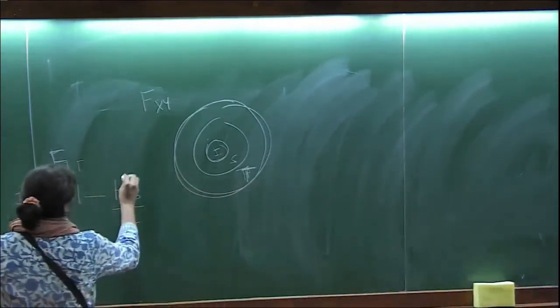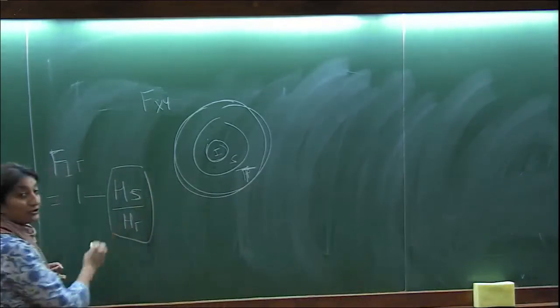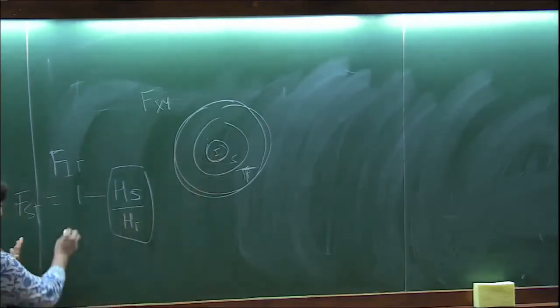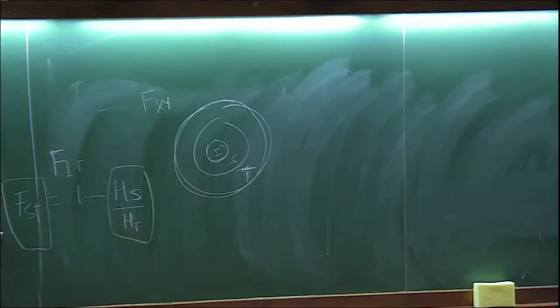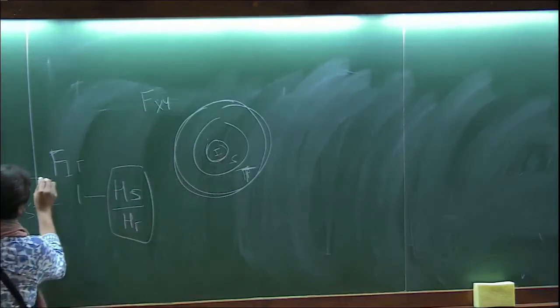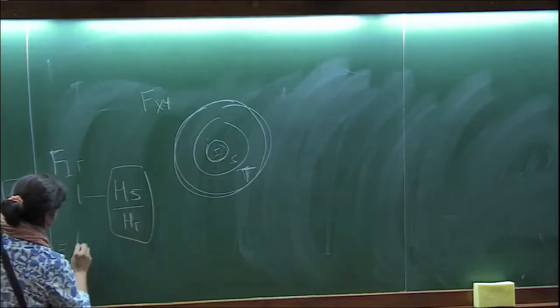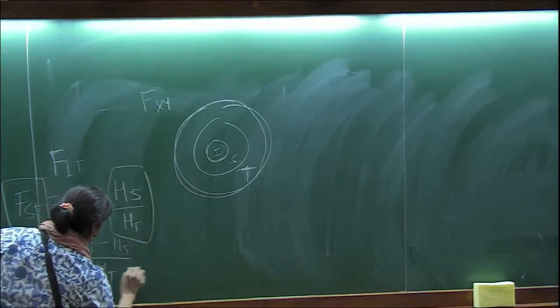So basically this is the relative heterozygosity in the subpopulation versus the total population, and 1 minus that, the opposite of heterozygosity, is homozygosity or inbreeding, right? So FST is 1 minus HS by HT, which is HT minus HS by HT.